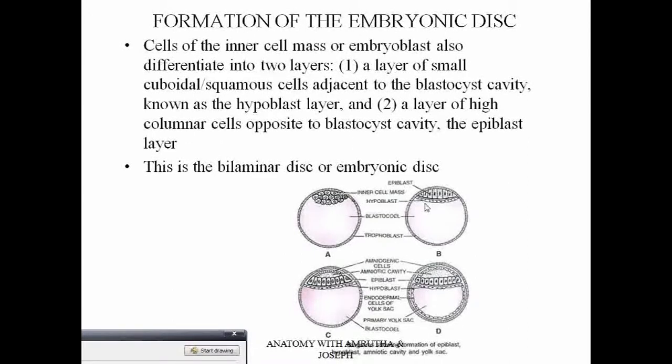So the embryoblast, the inner cell mass, is differentiating into squamous cells, hypoblast, and columnar cells, epiblast. And at this stage, this is called the embryonic disc or the bilaminar disc, because there are two types of cells here.